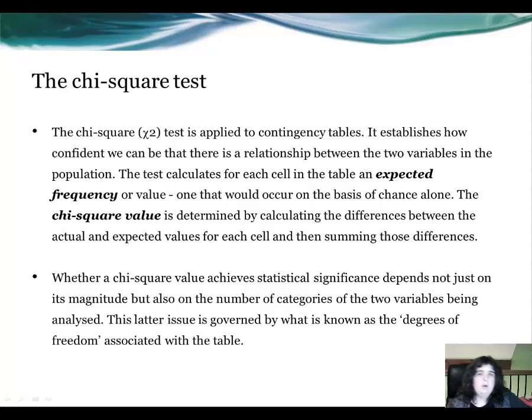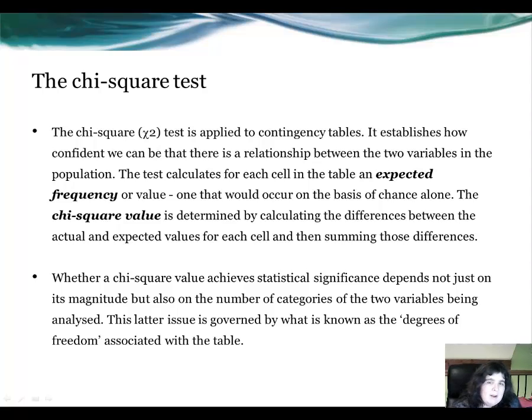The chi-squared, shown as an x with a squared, is applied to contingency tables. It establishes how confident we can be that there is a relationship between the 2 variables. The test calculates for each cell in the table an expected frequency, one that would occur on the basis of chance alone. What's important is that those cells have to be greater than 5.